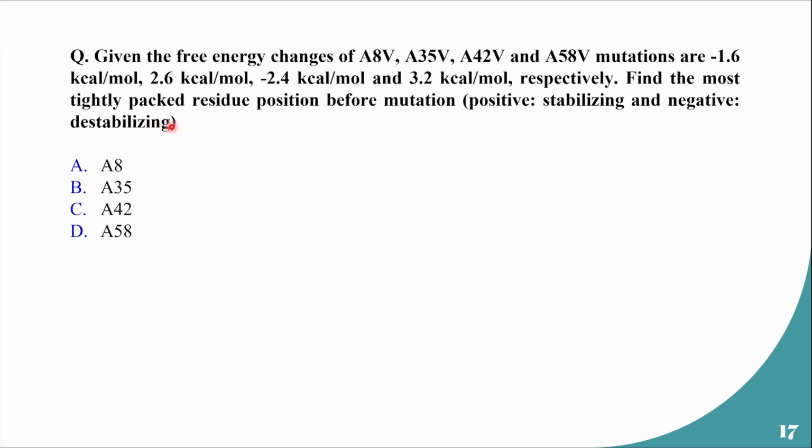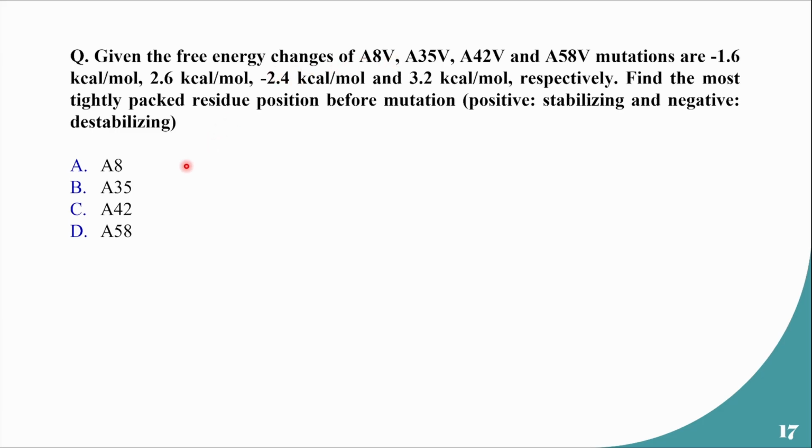In other concepts, such as binding free energy calculation, what we learned was that a negative value would indicate better binding, and a positive value would indicate loose binding, or the comparison of the binding affinity, right? But here the order is reversed. The positive values indicate a stabilizing mutation, and the negative values indicate a destabilizing mutation. So based on that sign convention, we have to consider the calculation or the answer.